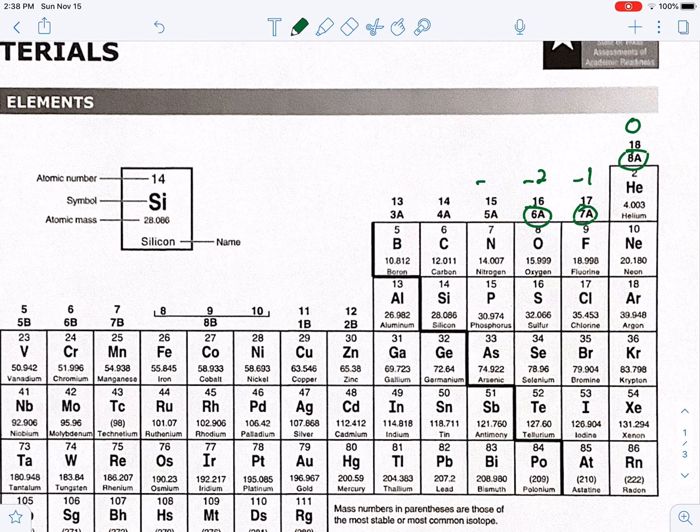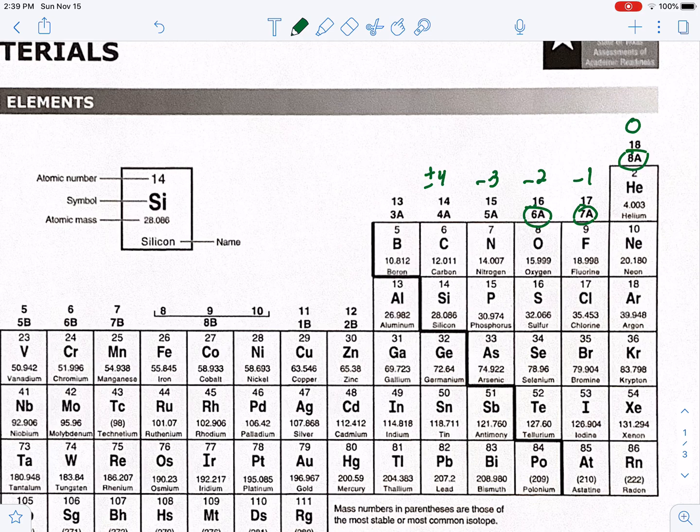With 5, I'm missing 3, so -3. With 4, this is where it can go plus or -4. Carbon and silicon can go either way. They can either give up 4 or gain 4. Usually when we deal with carbon, it's going to be a negative for most of our cases because it's bonded with something positive. Then we move over here to 3A.